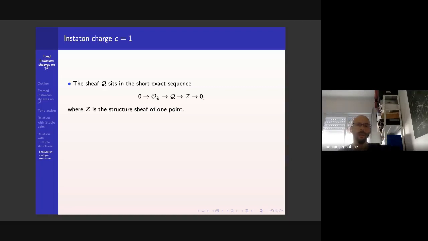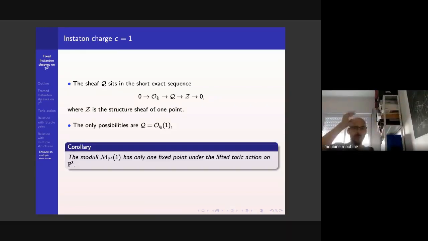And then we can prove that there is only this possibility here. So in this case, Q is O_L(0,1). And the corollary is that we have just one fixed point under the lifted toric action. Actually, one has to look at the projection from O2 to this sheaf, and then prove that this is the only sheaf in the moduli space, I mean, the kernel of this map.